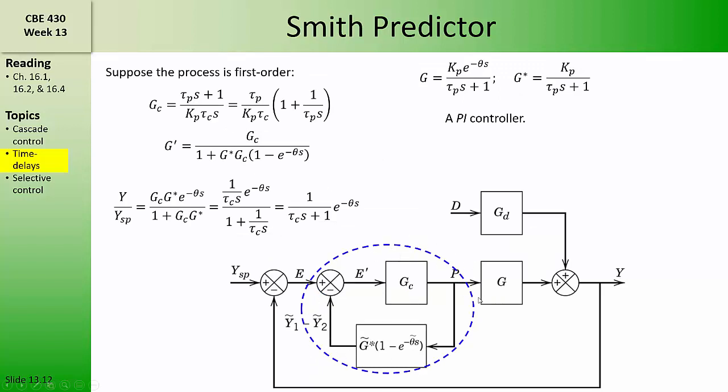This entire thing outlined in the blue broken line is the controller using the Smith predictor scheme, which gives an output P to the valve when it's fed an error signal E. Substituting our Smith predictor into the servo transfer function, we find that the output in response to set point changes will be first order with our desired closed loop time constant tau c, but simply delayed in time by e to the minus theta s, where theta is the time delay in the process and the time delay used in our model in the Smith predictor.